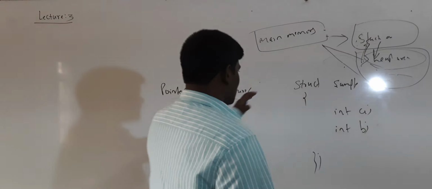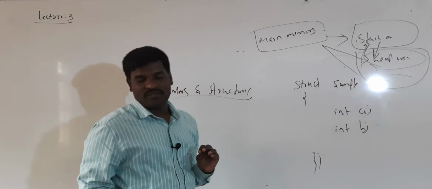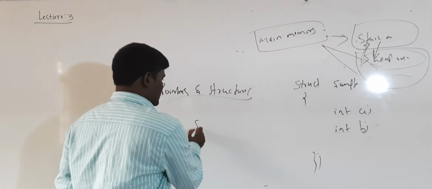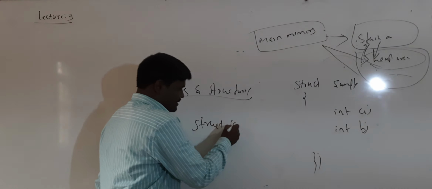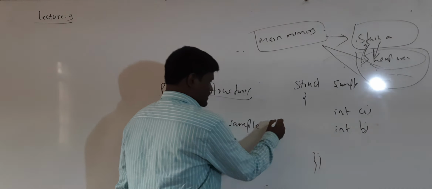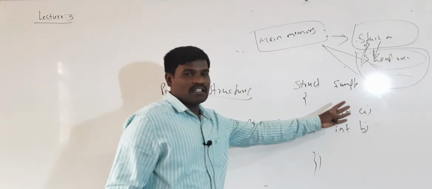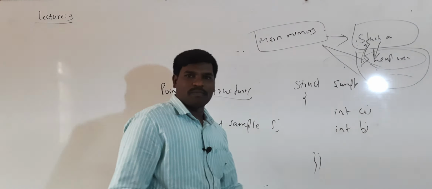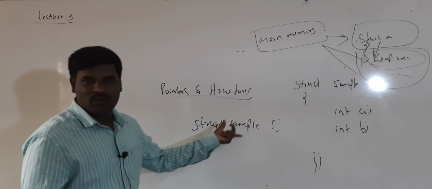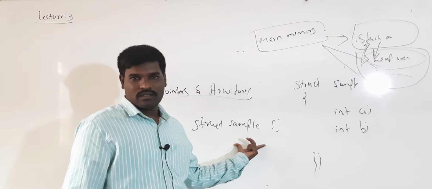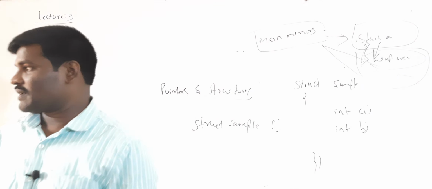And if it is a structure, we can create the structure variable. Then how to create the structure variable? Struct sample consists of int a and int b, and I can create one variable, that is the structure variable.